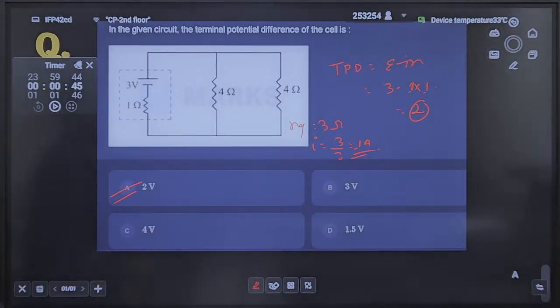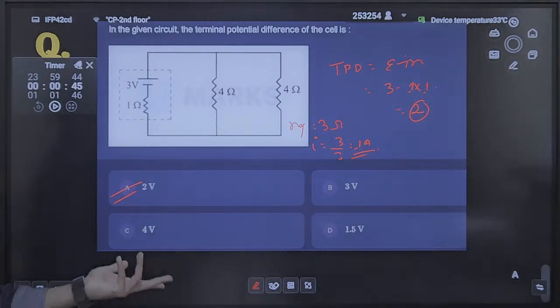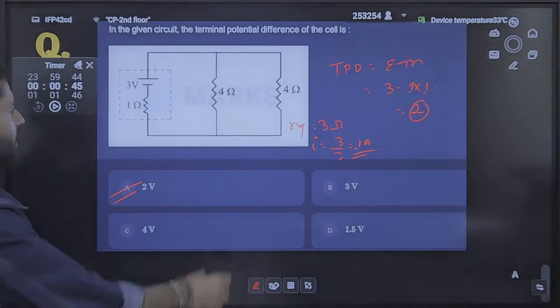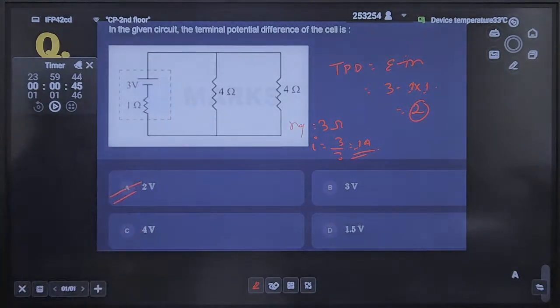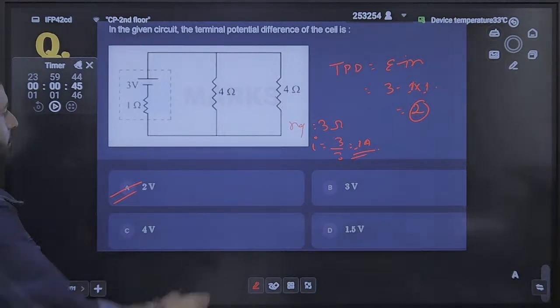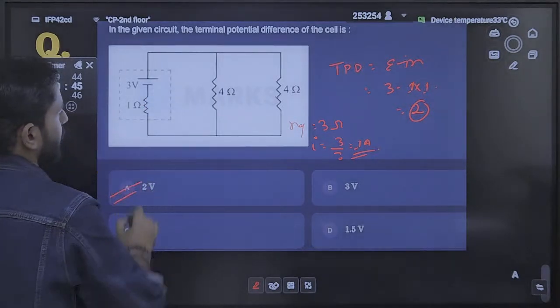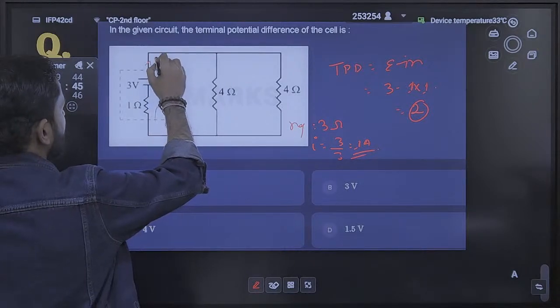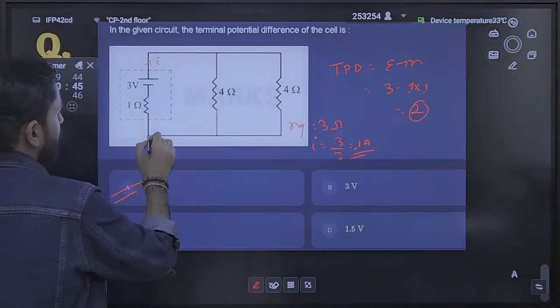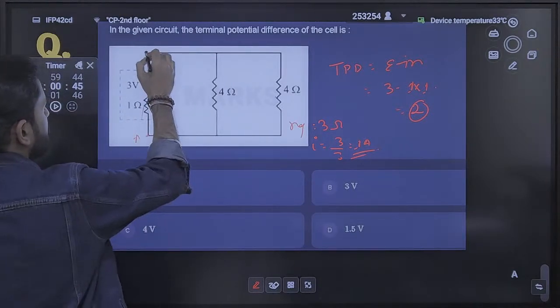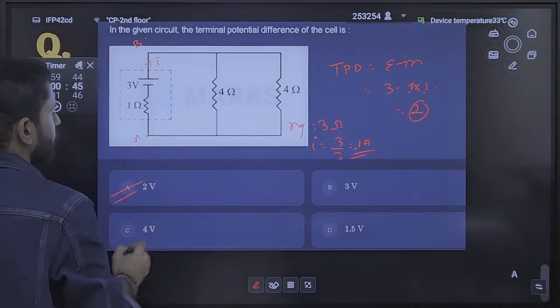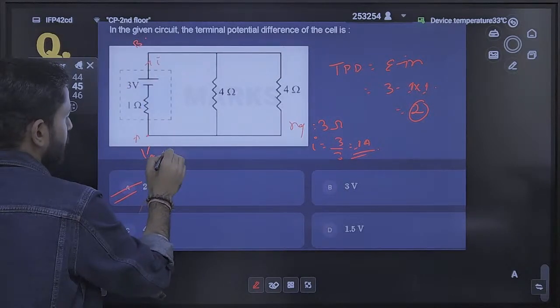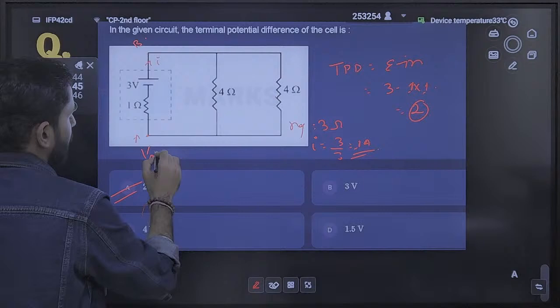If anyone doesn't remember what terminal potential difference is, it is nothing but the potential difference across a battery. This is the internal resistance that is connected to the battery, and let's suppose you don't know about it. How can you calculate? Let's suppose this point is A, this point is B. I started from B. Then what is the resistance coming in my way?